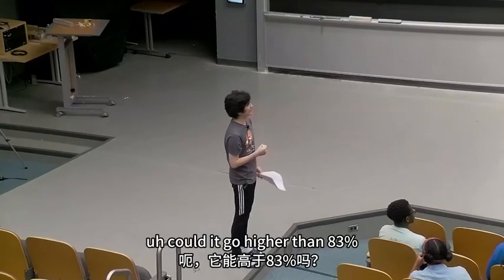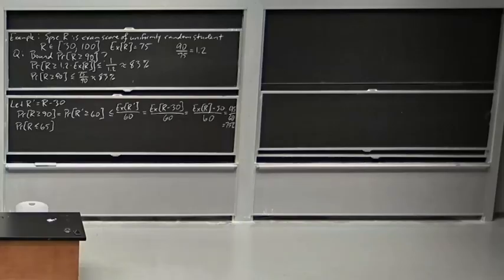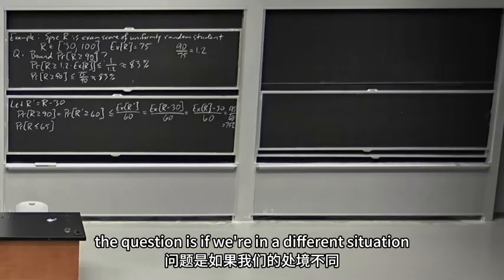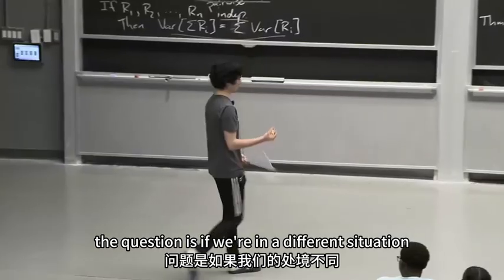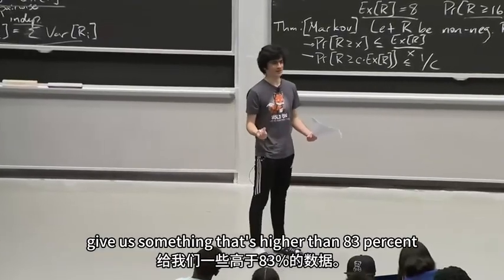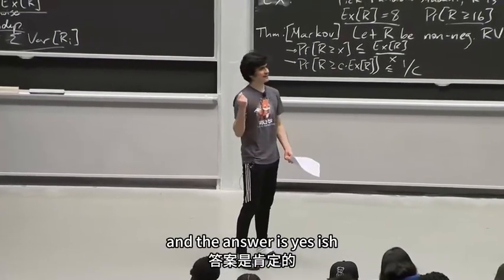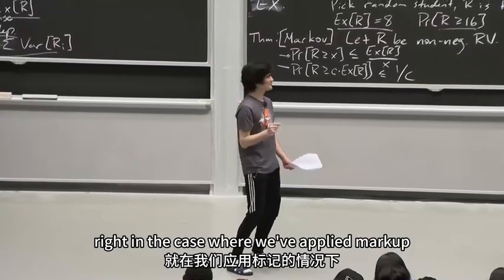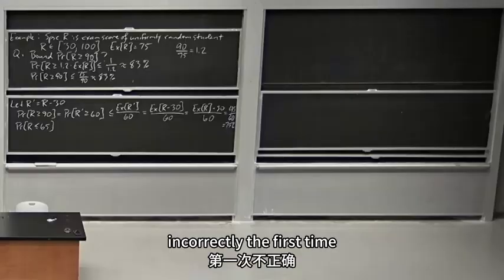Could it go higher than 83%? Okay, so we will get to that in a moment. The question is, if we're in a different situation, could shifting it give us something that's higher than 83%? And the answer is yes-ish. In the case where we've applied Markov incorrectly the first time, then yes.